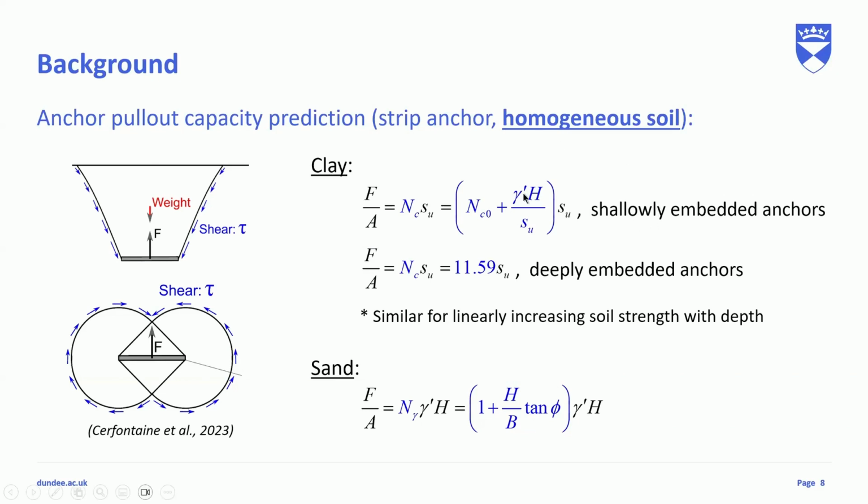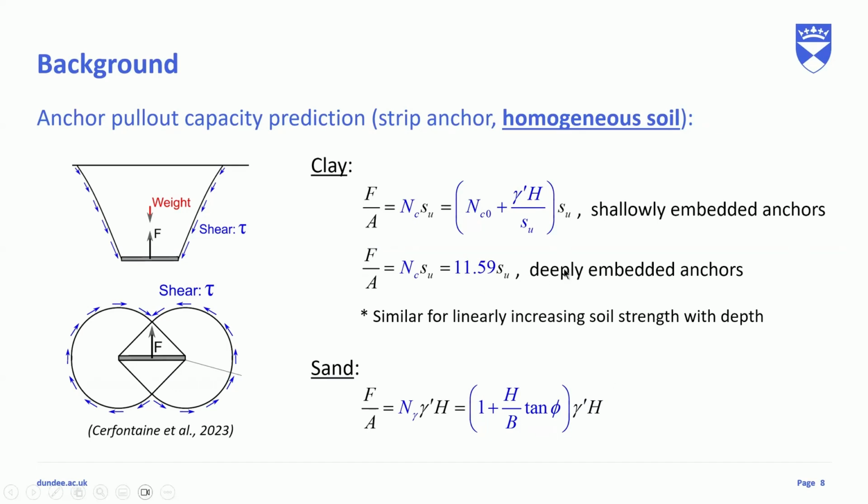The gamma parameter is the soil unit weight, and Su is the undrained shear strength, the shear strength parameter of clay. For a deeply embedded anchor, which is the second figure, it's a constant because once you go deeper, it doesn't matter, as the failure mechanism is very local and the seabed surface doesn't affect it anymore.